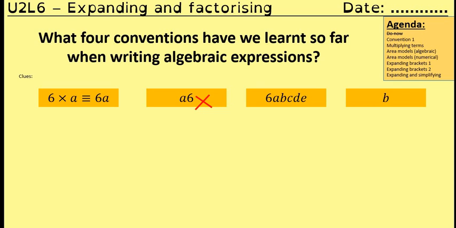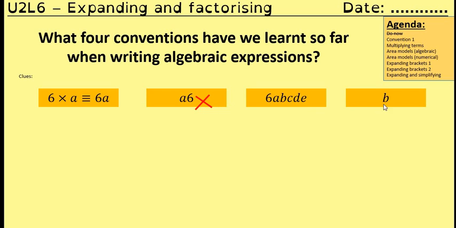So the first rule is that we don't include multiplication symbols, and the second rule is that numbers come first in our terms. This next convention is that when we have multiple variables in one term, we should be putting them in alphabetical order. So 6abcde would be the correct way to write this, because all of my variables are in alphabetical order.